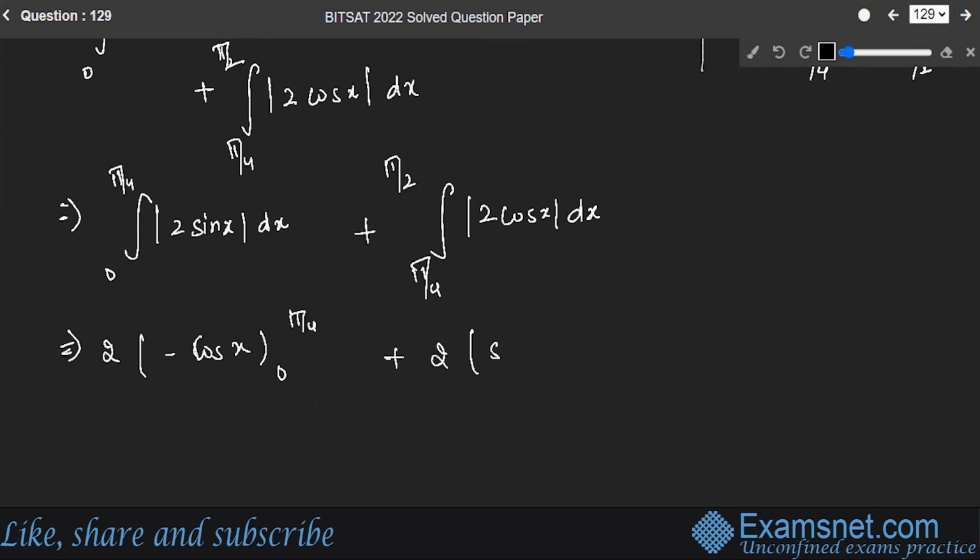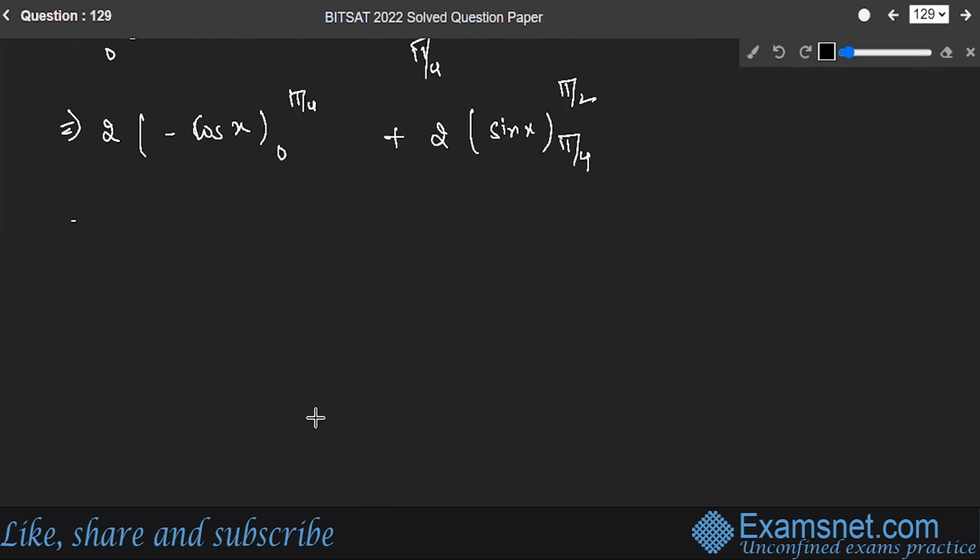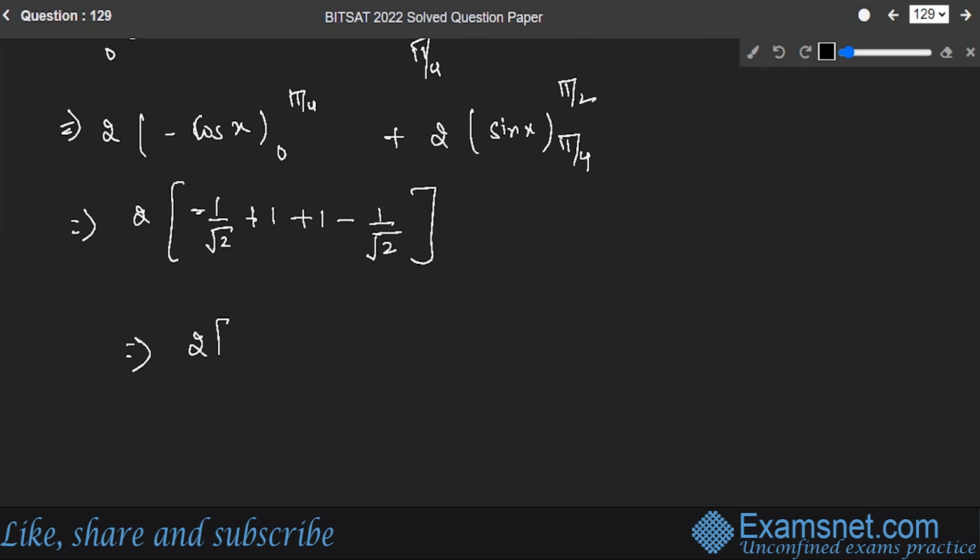plus 2 sin x from pi by 4 to pi by 2, or this is equal to 2 into this, plus 1 minus this, or that is equal to 2 into this thing.